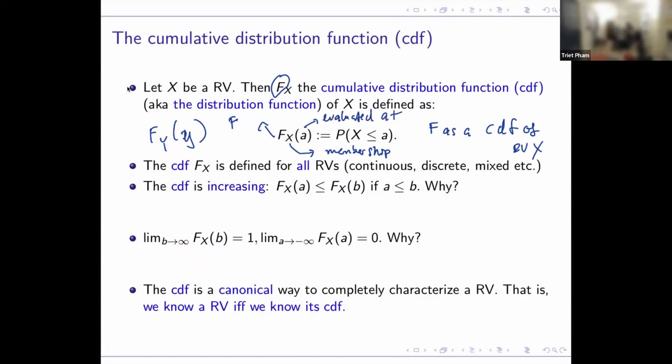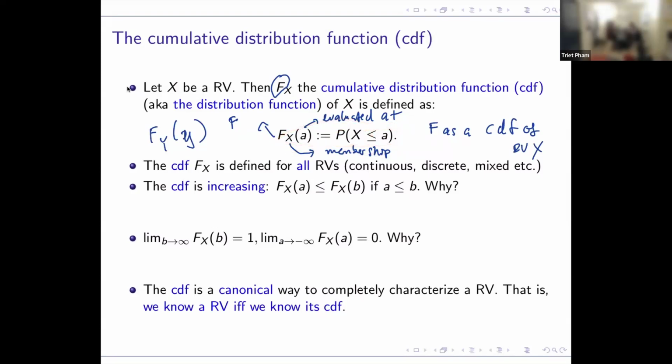So this is the CDF of X evaluated at A. Try to say that 10 times. What it means is just look at the probability that X is less than or equal to A. That's it. And as you range over different values of A, you get the whole CDF function, the CDF curve.